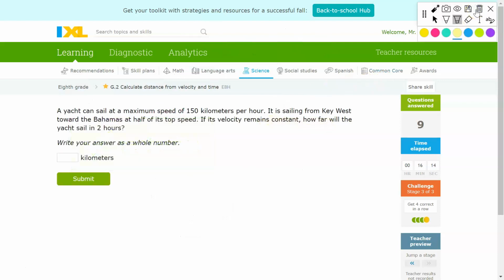So once again, 150 kilometers per hour. Sailing at half of its top speed. If its velocity remains constant, how far will it travel in 2 hours? So once again, this is your time, 2 hours. This is your speed, kilometers per hour. And we're talking about half of the speed.